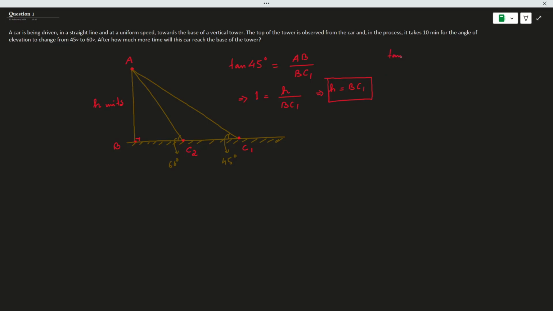If I use tan 60 degree, again perpendicular by base. This time the perpendicular will be the height of the tower, which is H, and the base will be BC2. tan 60 degrees is root 3. So H equals root 3 times BC2. Another equation.